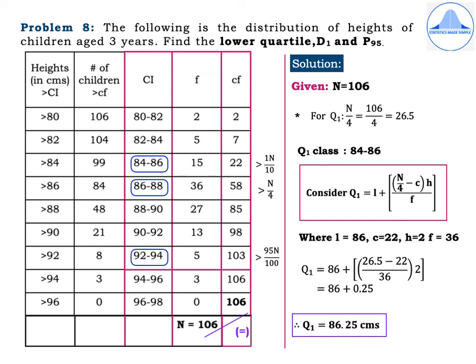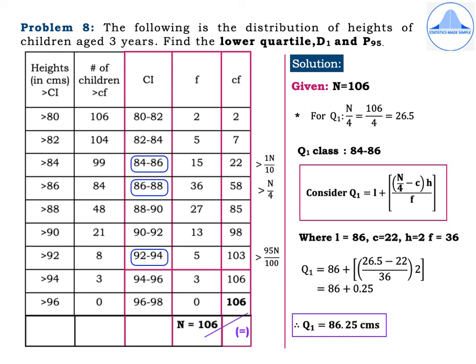And the solution, write given capital N equal to 106, then for Q1 find out N by 4, which is 106 divided by 4, which is equal to 26.5. The value which is greater than 26.5 in the CF column is 58, and corresponding to 58 the class interval is 86 to 88.